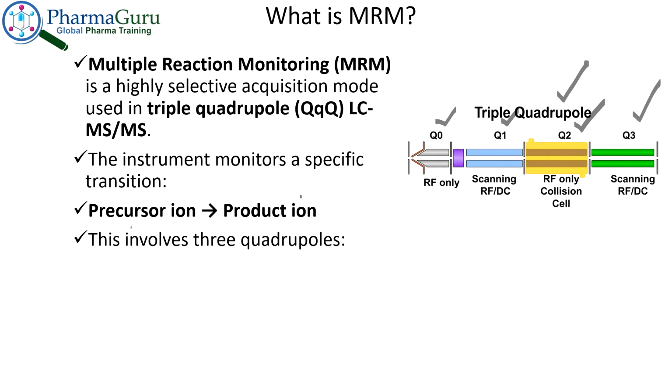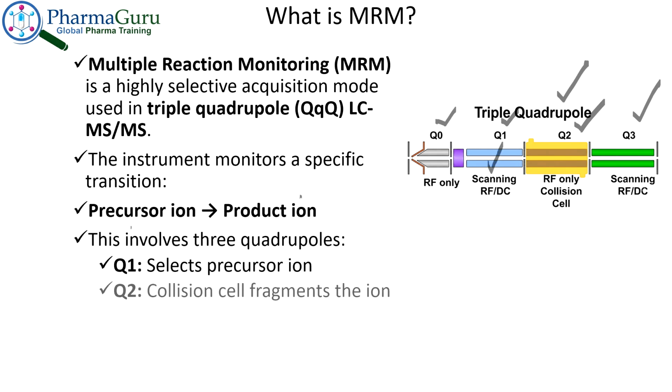This involves three quadrupoles. Q1 selects precursor ions. Q2 is the collision cell. It fragments the selected precursor ion into product ions. Q3 is the second mass analyzer quadrupole.